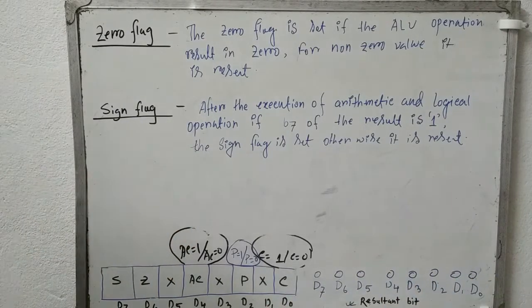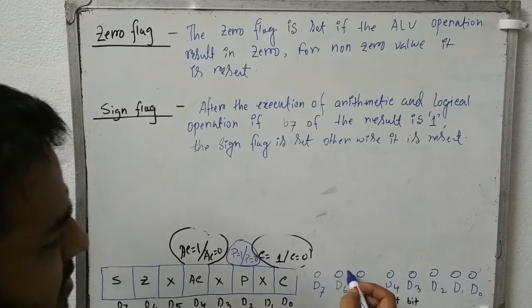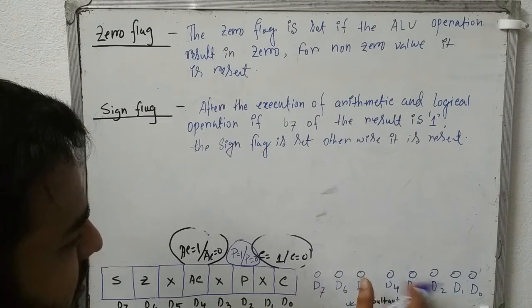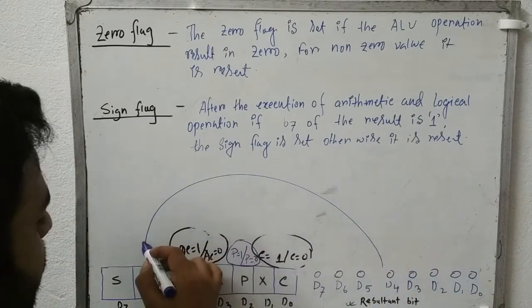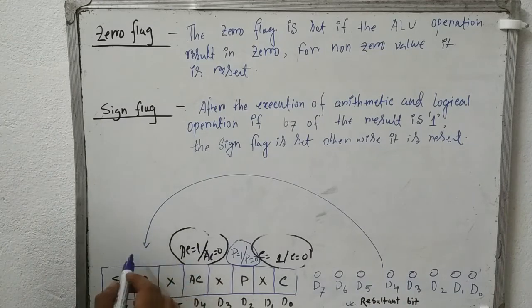So obviously the result is 0. This zero result gives Z equal to 1. If we get this kind of result, the microprocessor will set the zero flag, otherwise it will be reset.